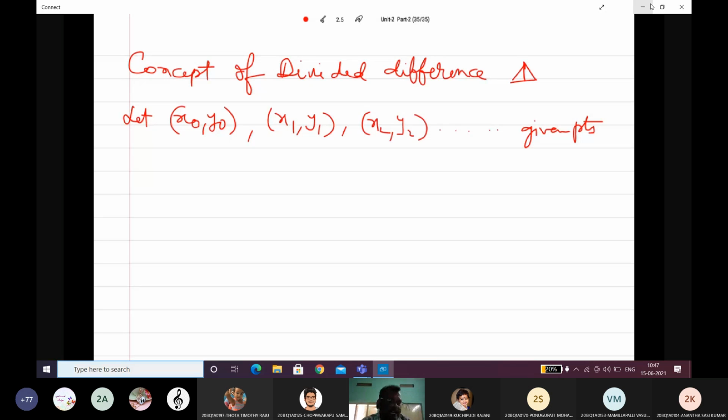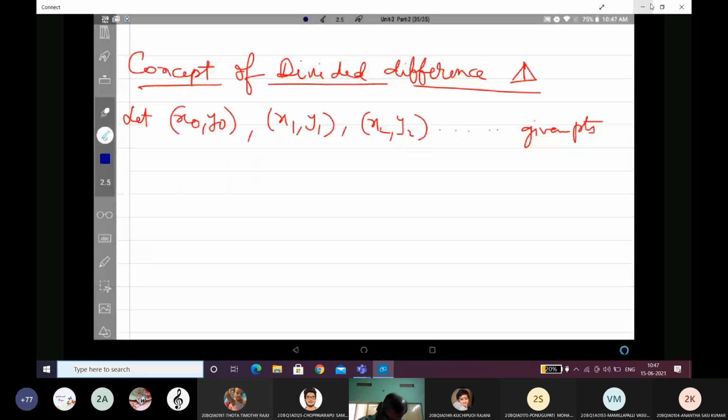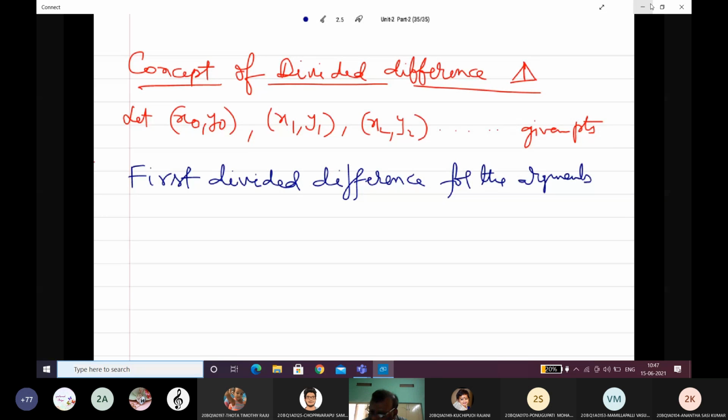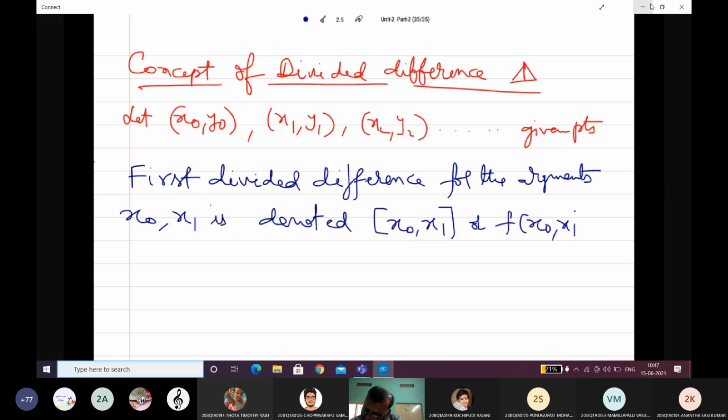Now first divided difference. First divided difference for the arguments x naught and x1 is denoted by, this is the notation, x naught x1, or f of x naught x1, or delta of x1 f of x naught.